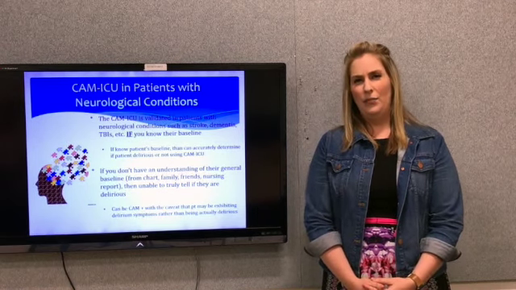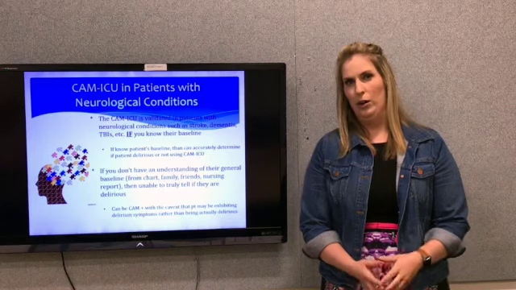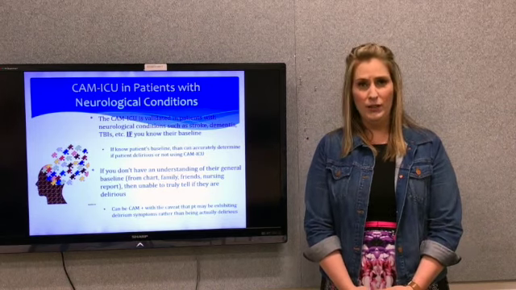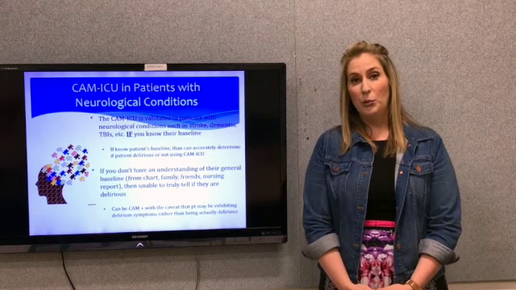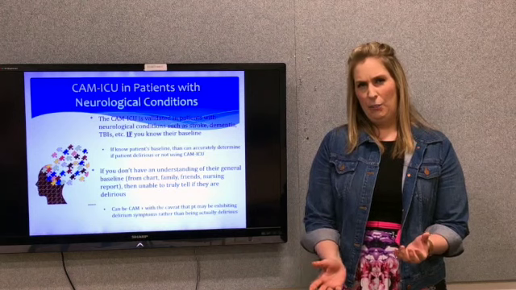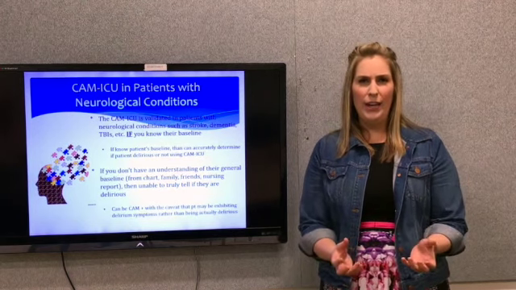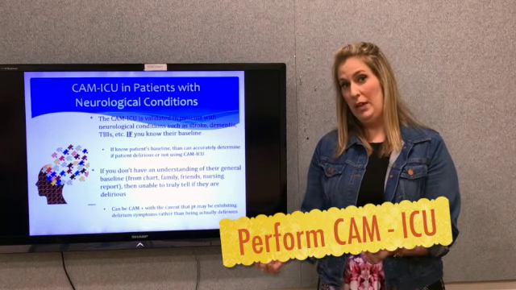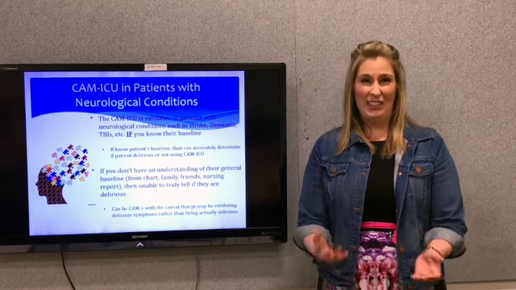You just want to have an idea of how they normally are if they're functioning at baseline. If a family member or a friend is present and they're very familiar with the patient, you can ask them, is this normally how they've been? Has anything changed?